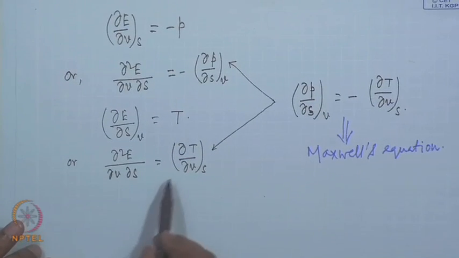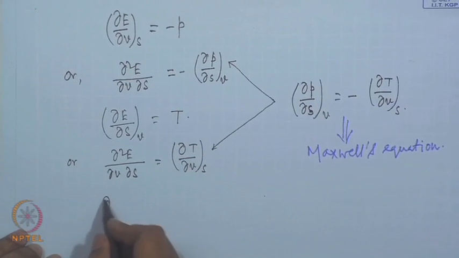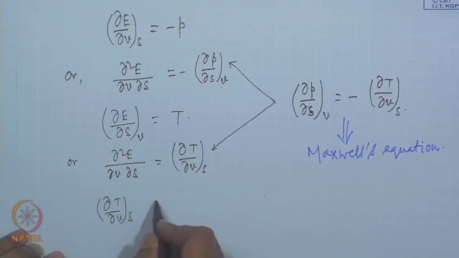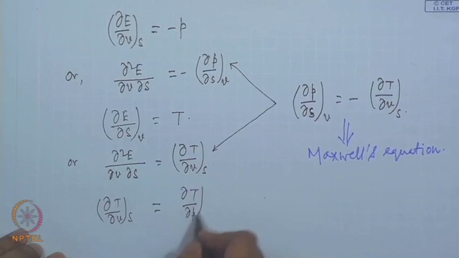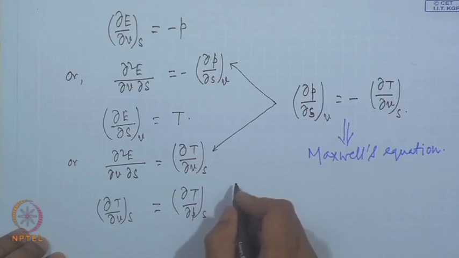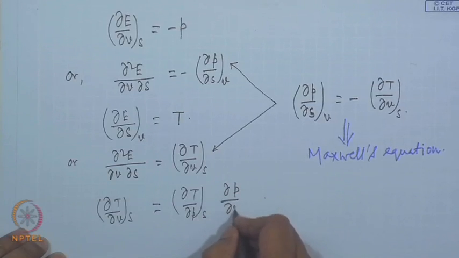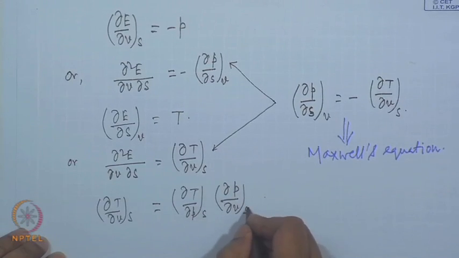Now, also from here dT/dV at constant S can be written as dT/dP at constant entropy into dP/dV at constant entropy.